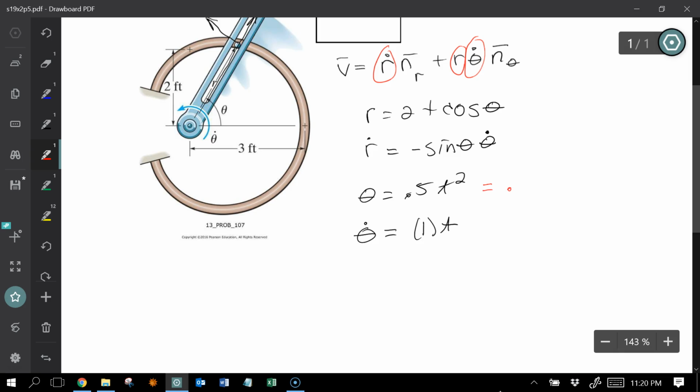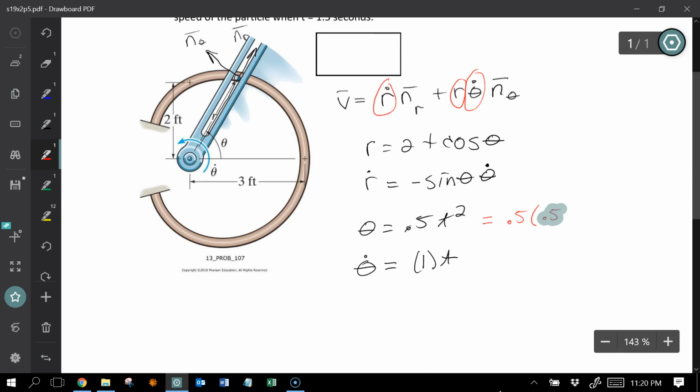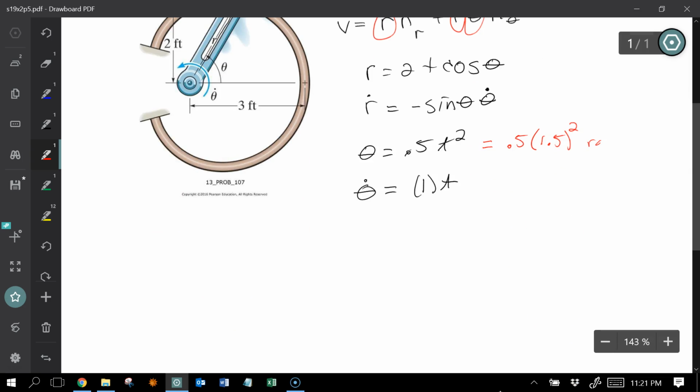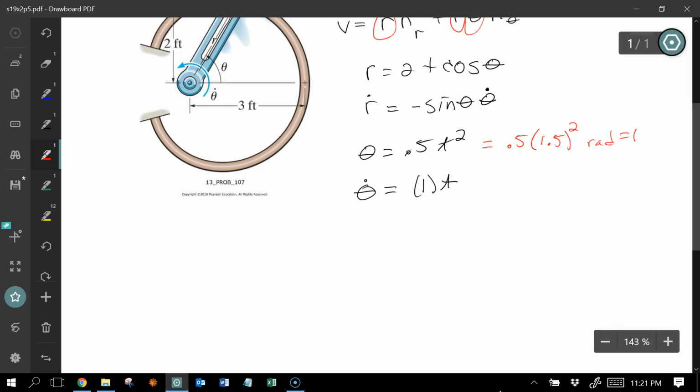So this is 0.5 times t squared, with t equal to 1.5. Theta is in radians, so when you punch it into your calculator, make sure that you punch it in correctly. So theta is equal to 1.125 radians.